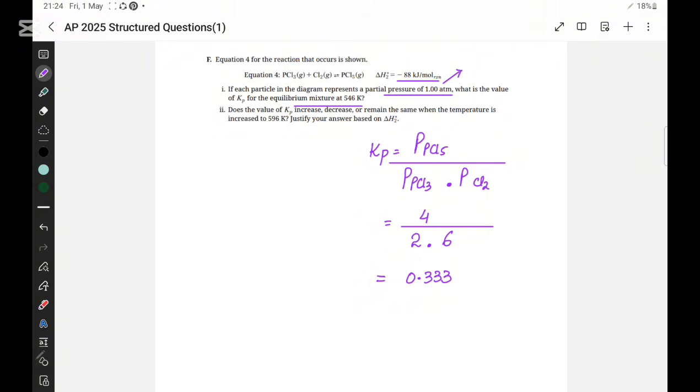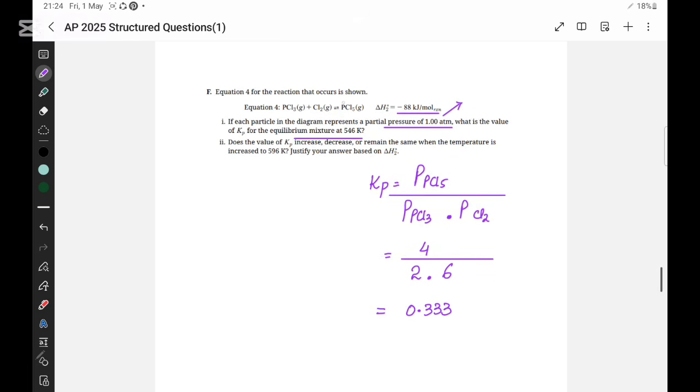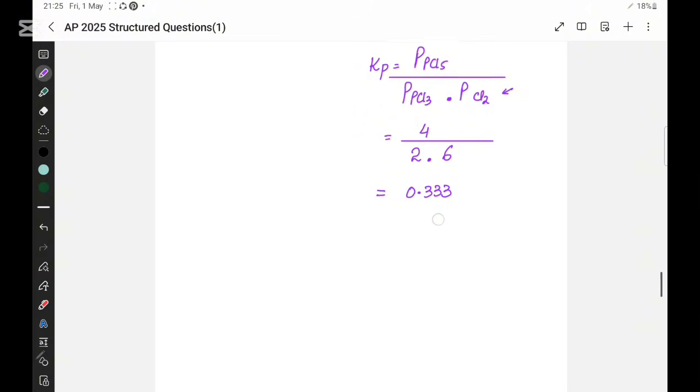The equilibrium will shift backwards, so more reactants will be there and value of Kp will decrease, because backward reaction is endothermic, equilibrium will shift towards backward side as there are more reactants now, and reactants are in the denominator, so the value of Kp would decrease.